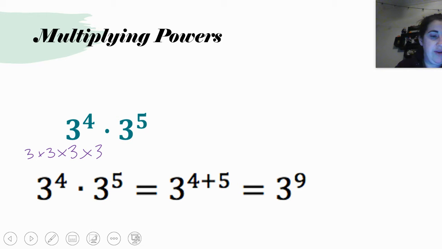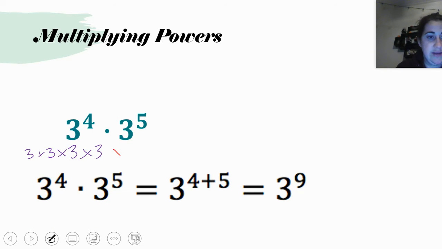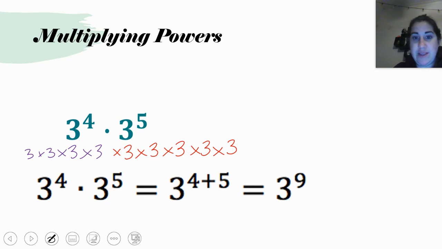And then 3 to the 5th means I have 5 3s. So 1, 2, 3, 4, 5. How many 3s do I have in all? I have 1, 2, 3, 4, 5, 6, 7, 8, 9.